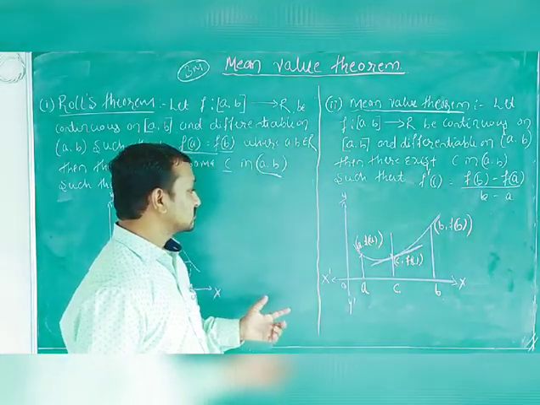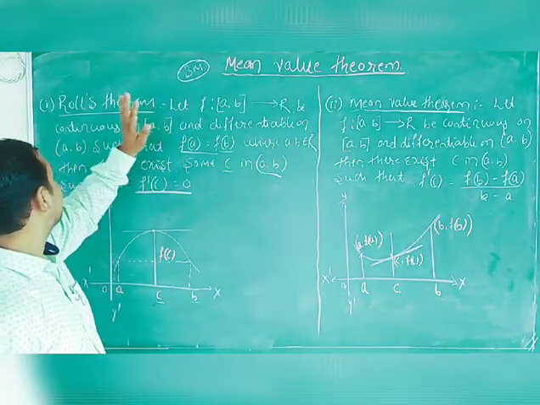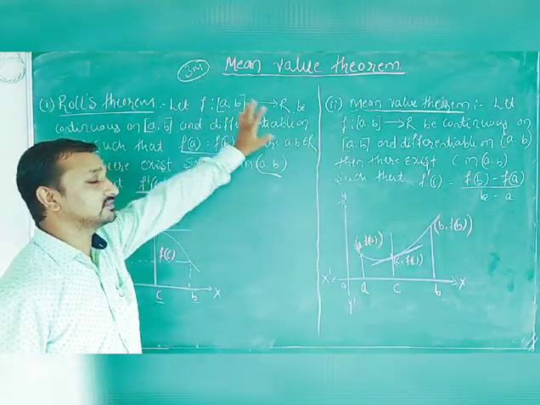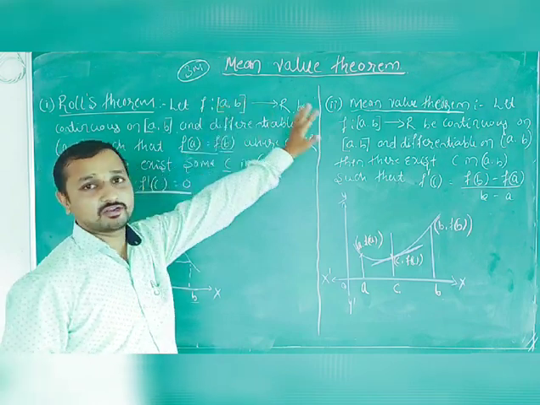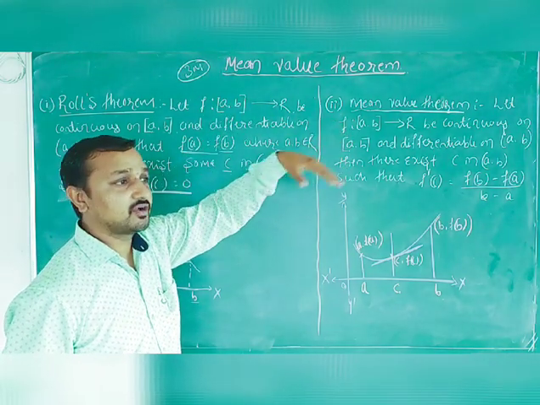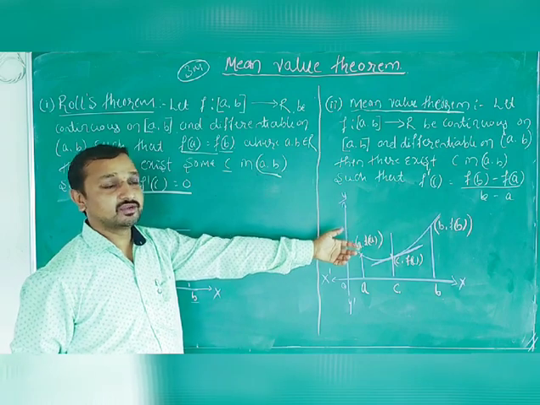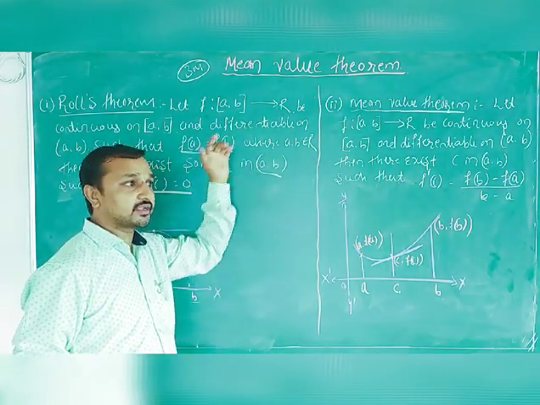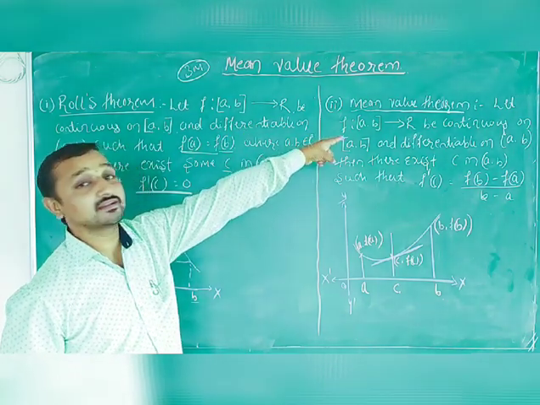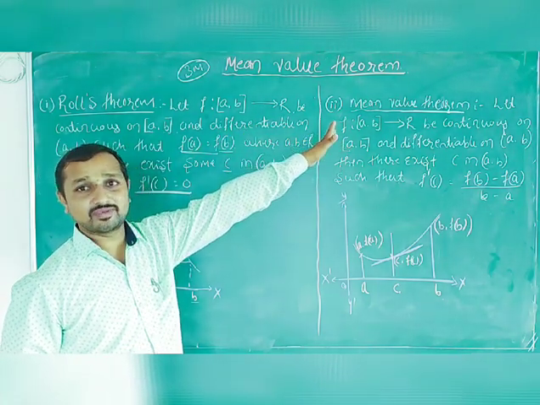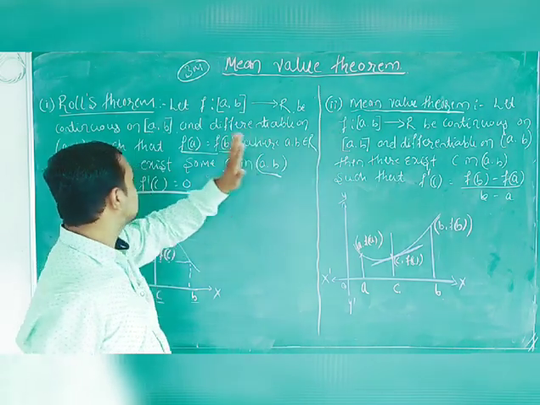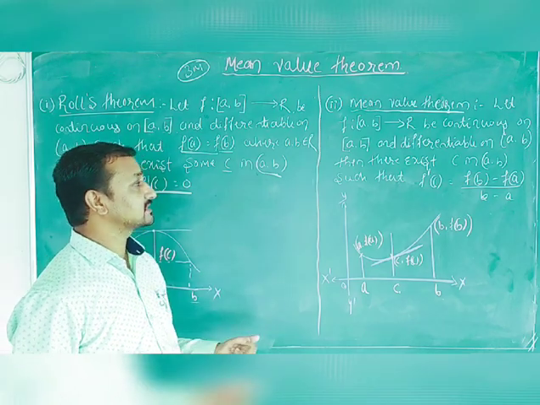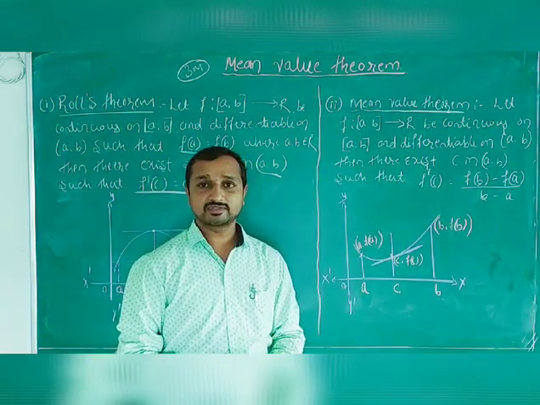See that the mean value theorem is the extension form of Rolle's theorem. Why is it an extension? If f of a equals f of b, we apply Rolle's theorem. Suppose f of a is not equal to f of b, then we use the other theorem, that is the mean value theorem. Is that clear? So first write down these two definitions and two graphs. Then we will discuss examples based on these theorems. Okay? Right.